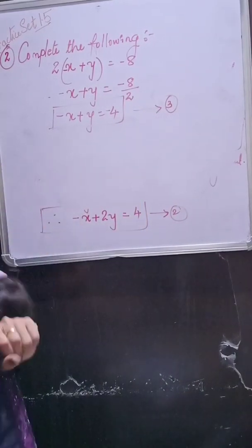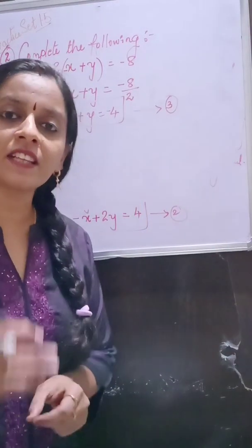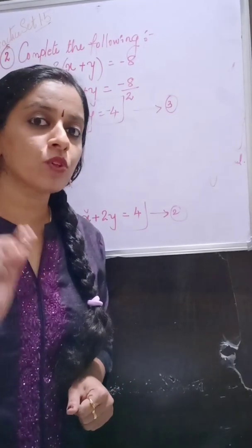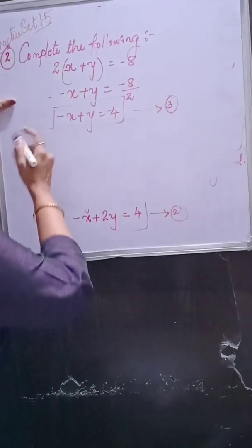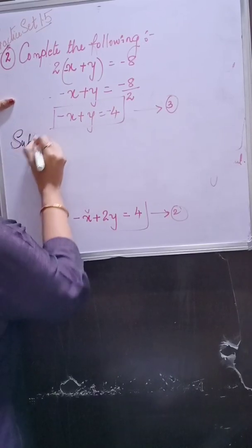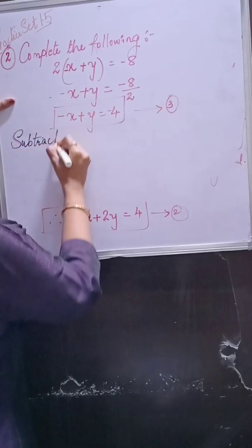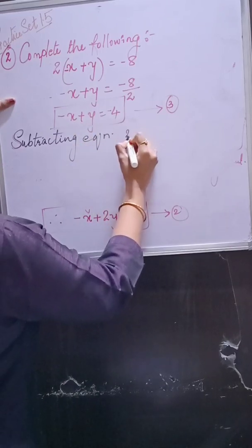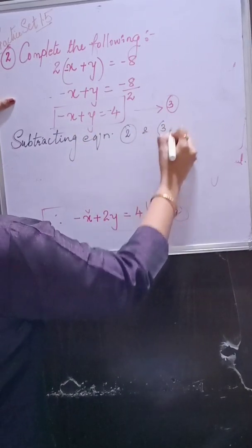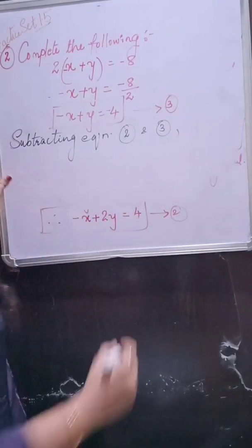Minus x you can see, both are having the same sign. So when both are having the same sign, we will go for subtracting. Subtracting equation 2 and 3.